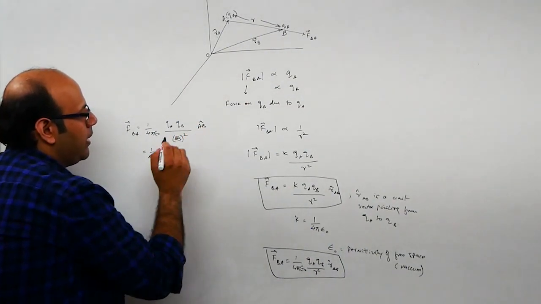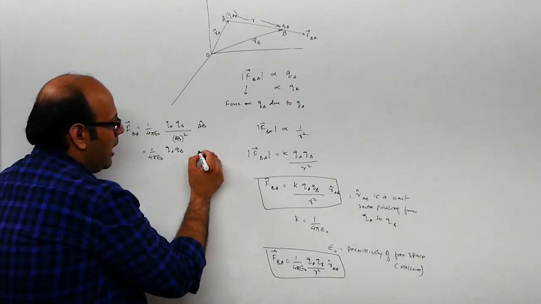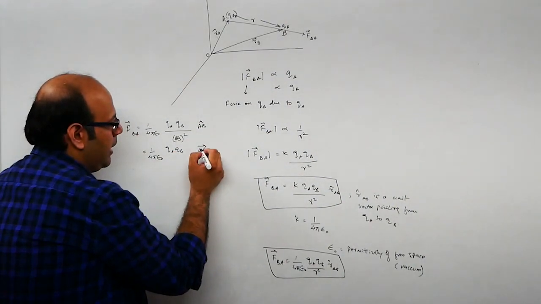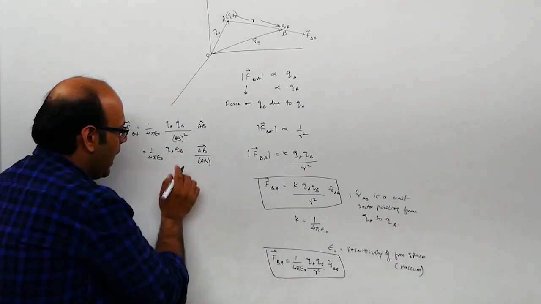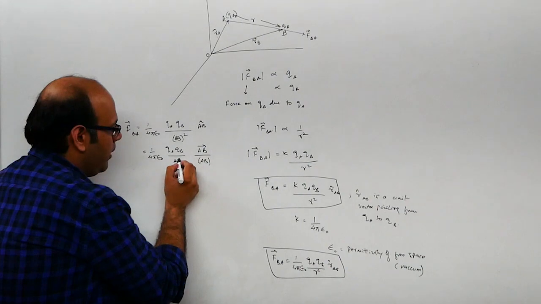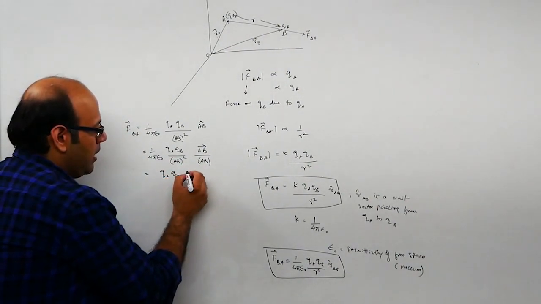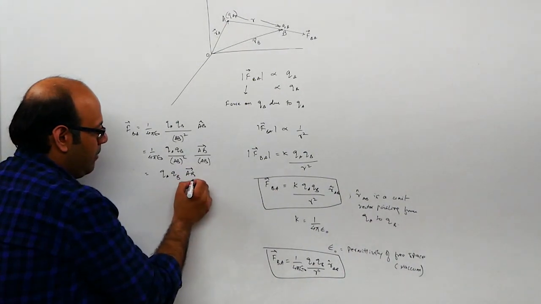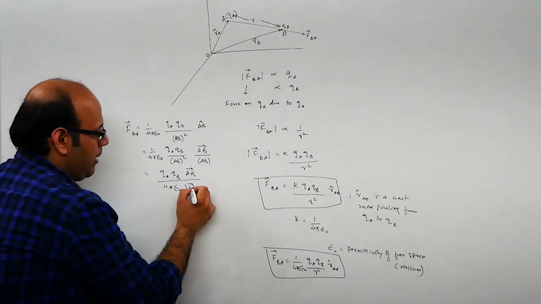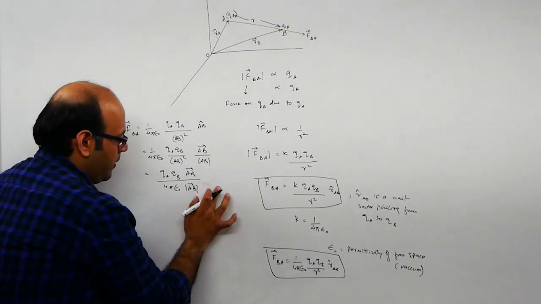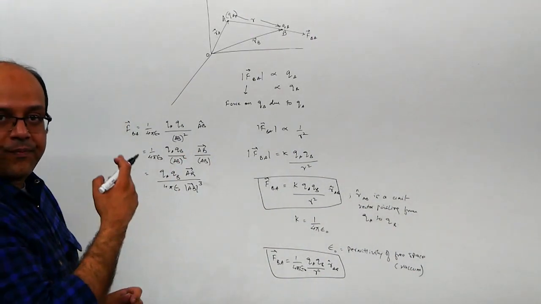Now this is a unit vector AB. Can I write the unit vector as the vector AB upon the magnitude of AB? And I already have the square of AB over here. So this turns out to be QA times QB multiplied by the vector AB upon 4 pi epsilon naught, the magnitude of AB cubed. Like this. Make sense to you?